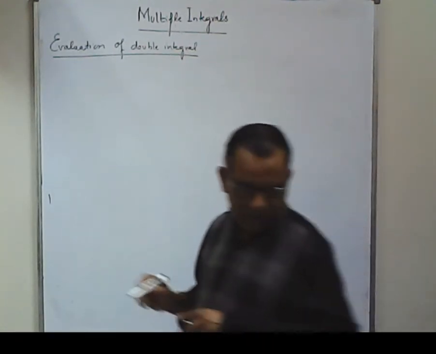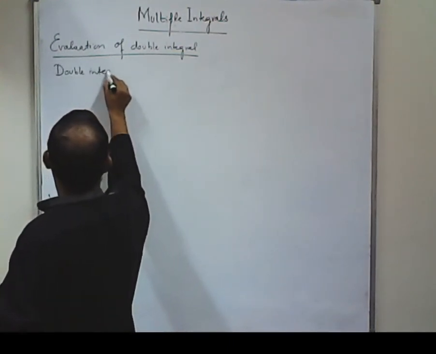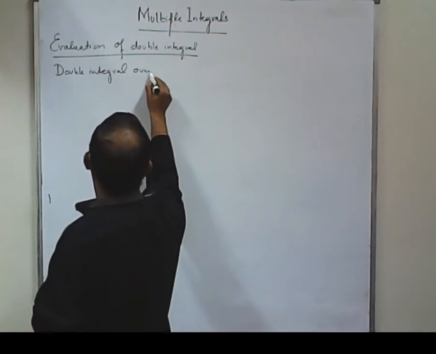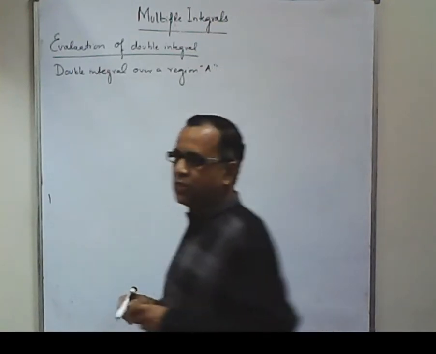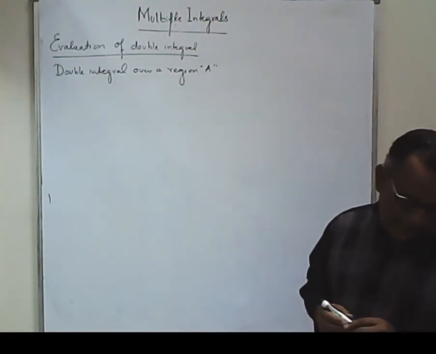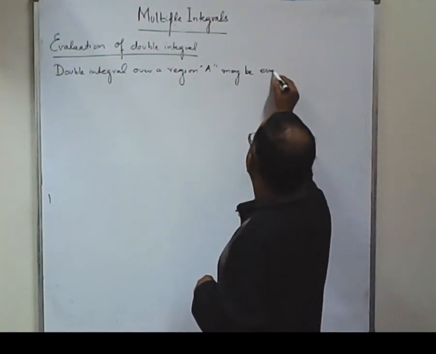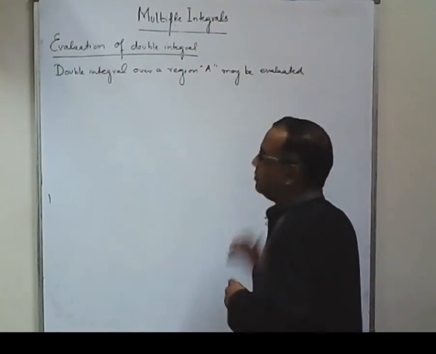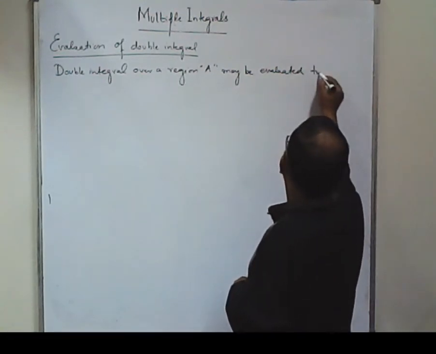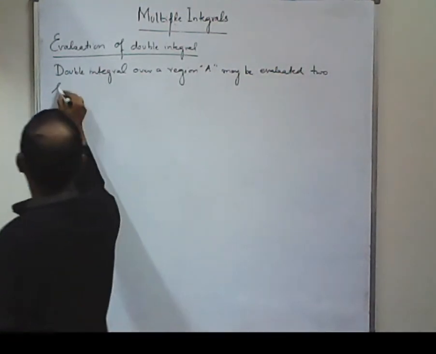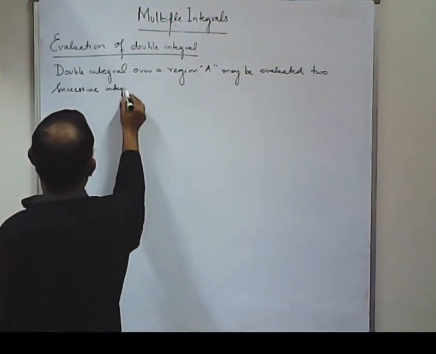So a double integral over a region, let's say the region is denoted by A, may be evaluated by two successive integrations.